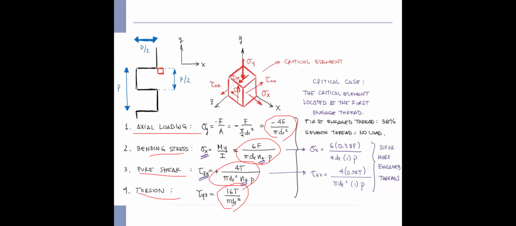We also consider the critical case, the critical element loaded at the first engaged thread, the thread that takes the highest portion of the loading, 38% of the load, and the seventh without any load applied to it.